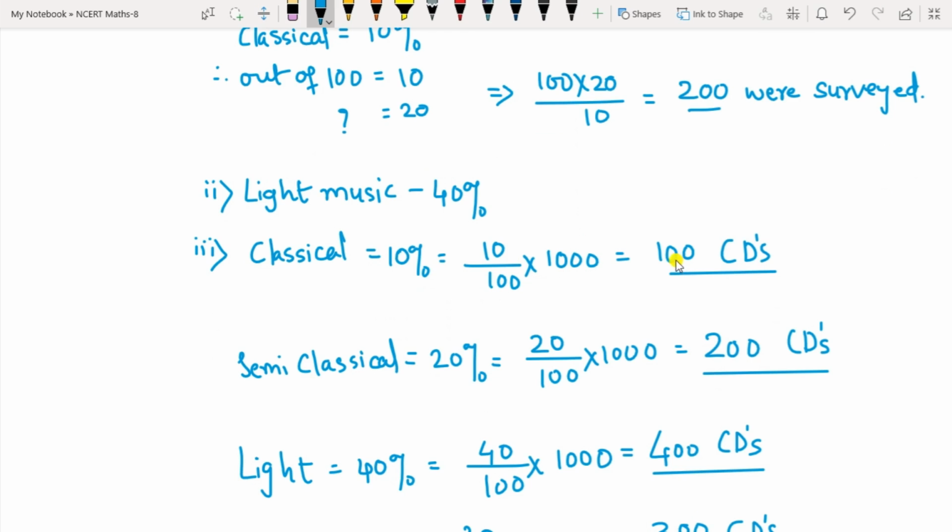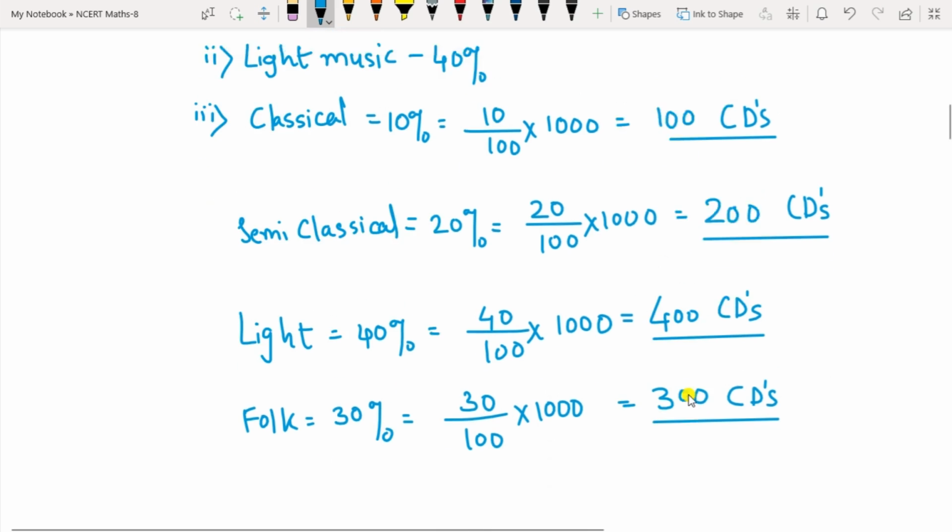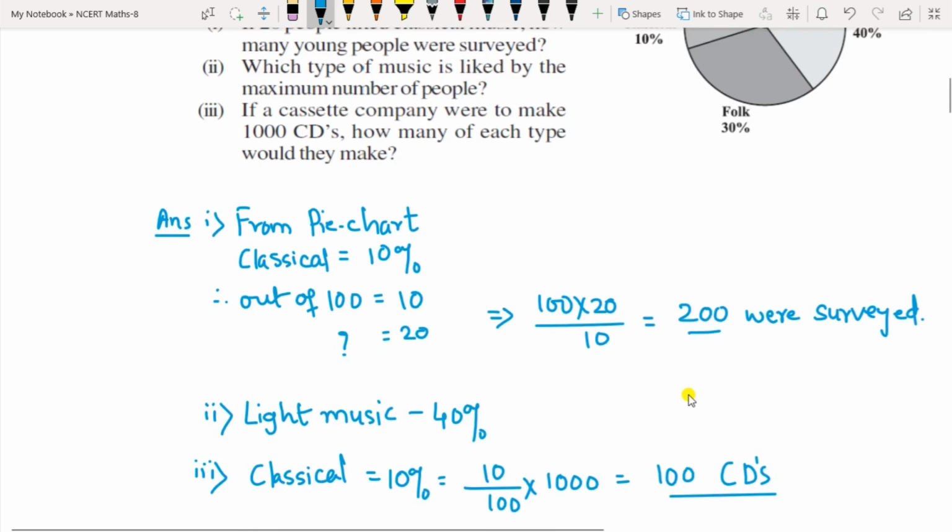Cancel the zeros and we get 100 CDs. Semi-classical is 20%, so 20 upon 100 multiplied by 1000 gives 200 CDs. Light music is 40%, so 40 upon 100 into 1000 is 400 CDs. And folk is 30%, so 30 upon 100 into 1000 is 300 CDs. So this is the way to solve question number 1.